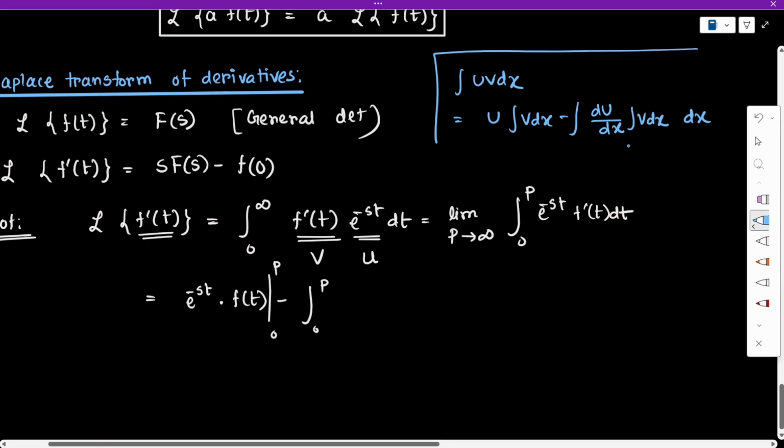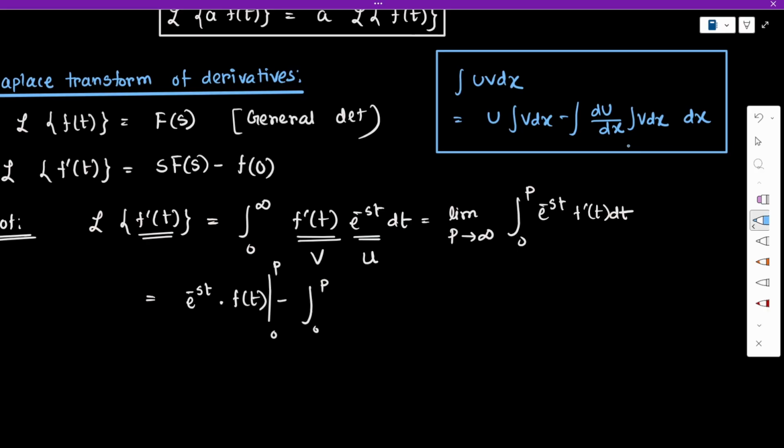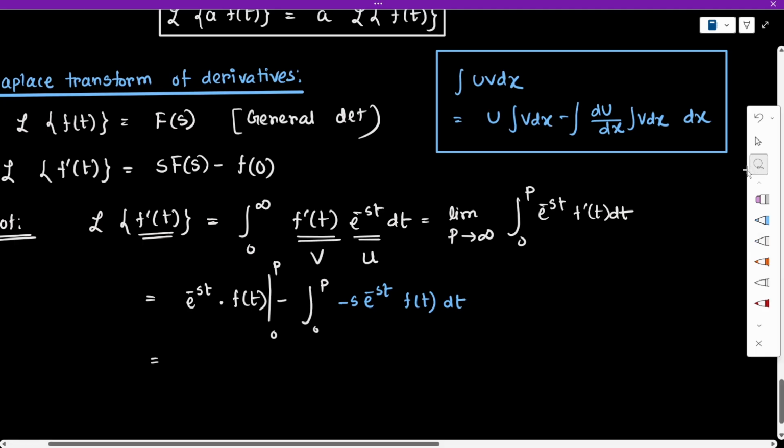So this is the formula of integration by parts, utilizing this formula here. If we do du by dx, it's going to return negative s e to the power negative st. The integration of v dx leads to f t dt.